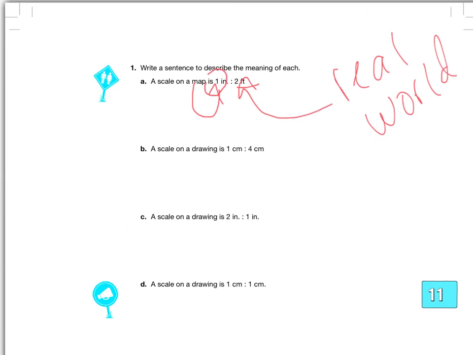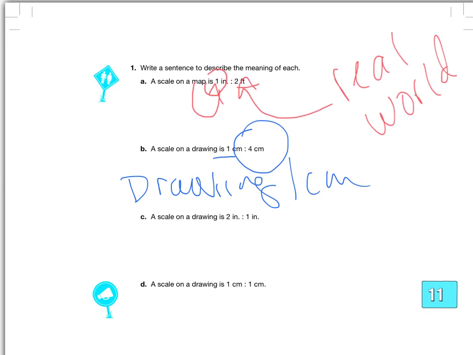Okay, excellent. It says, on a scale drawing, 1 centimeter to 4 centimeters, which means on the drawing, we have 1 centimeter. In the real world, we have 4 centimeters.